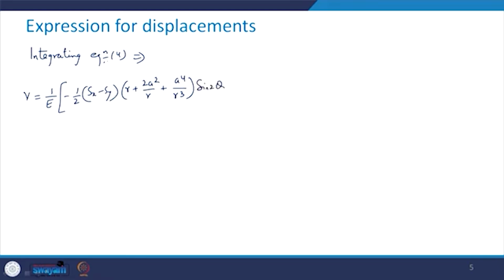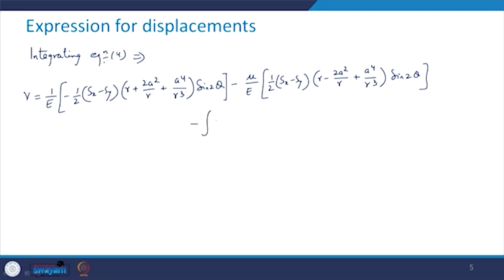Please remember that here we are integrating with respect to theta. So, the term corresponding to r will remain as it is, minus mu upon E, half (Sx minus Sy)(r minus 2a square upon r plus a to the power 4 upon r cube) into sine of 2 theta, minus integration of g1 theta d theta plus g2 r.